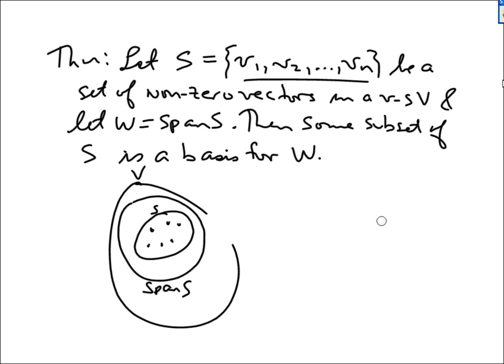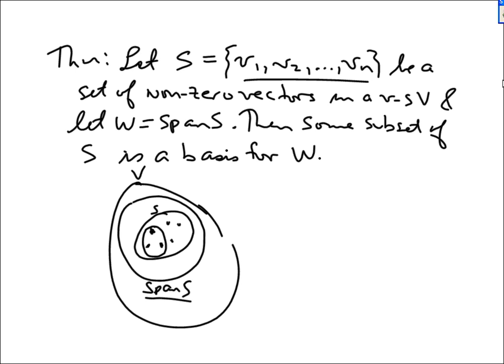So what we can do is take our subset of S. Two things I'll say about these vectors: they're linearly independent, and they also equal the span of S. You can remove some of the vectors from a spanning set to form a basis.